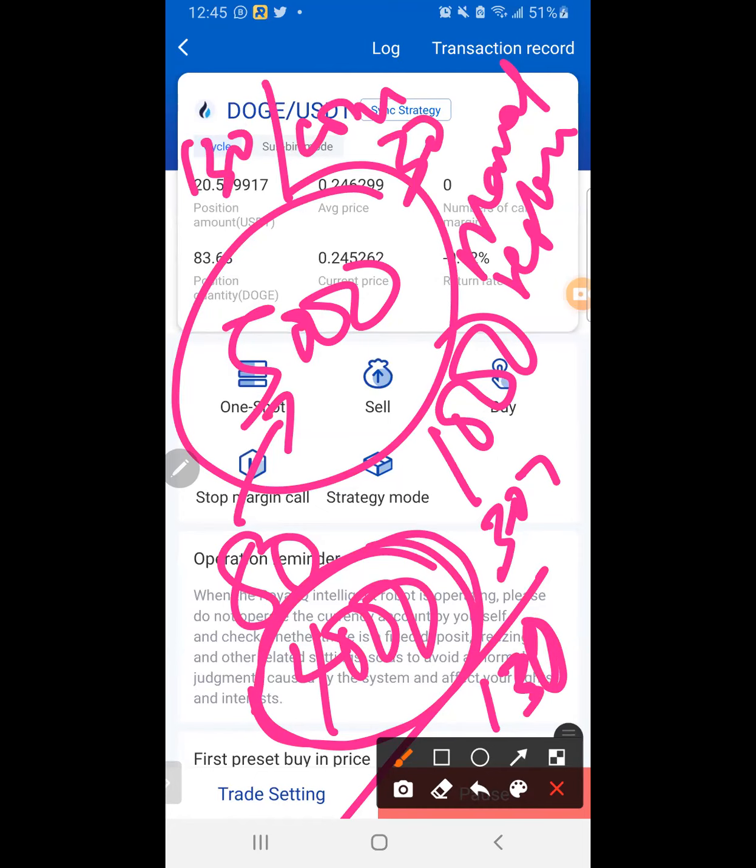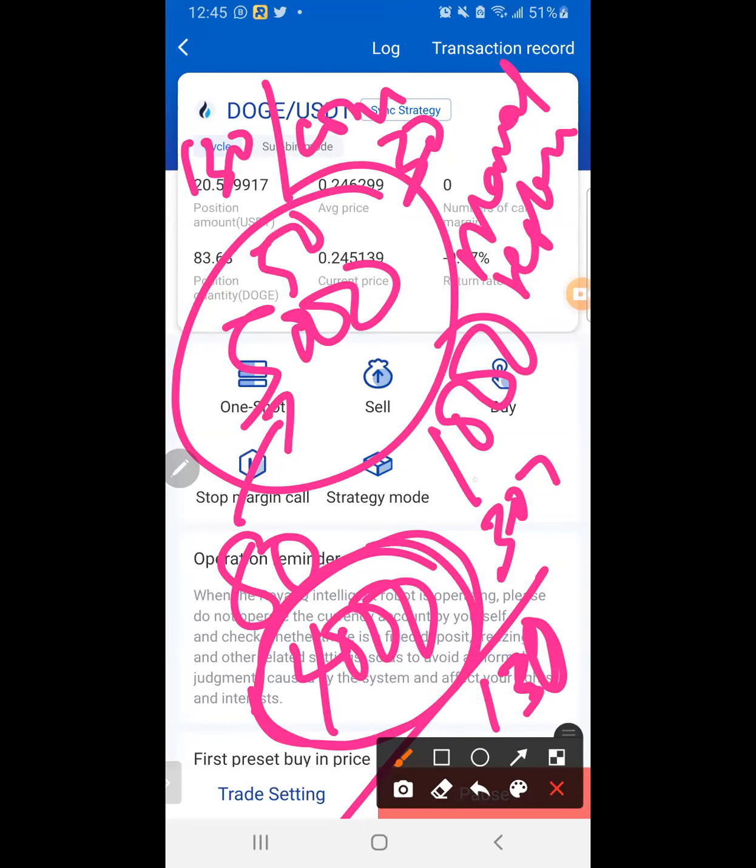That's 30 USDT. Just put 30 USDT there, or you can just put 50 USDT there. Very simple.